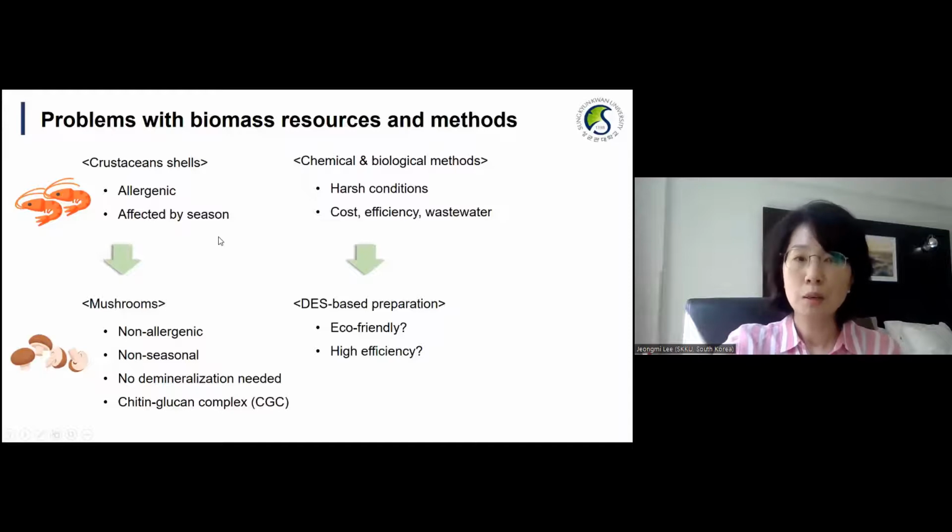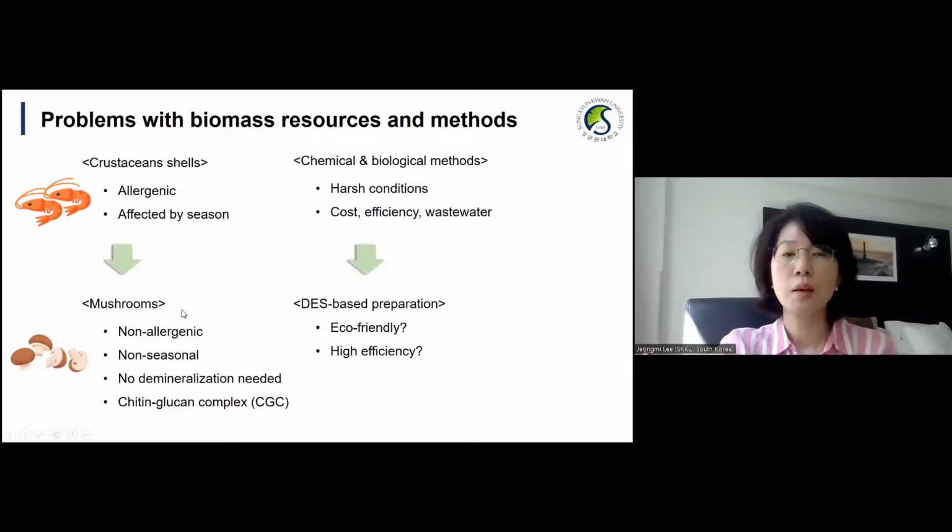In comparison with crustacean shells, mushrooms have quite some advantages because mushrooms do not have any potentially allergenic proteins at all. So we don't need to worry about the complete removal of allergenic proteins as people do with crustacean shells. And cultivation of mushrooms is not affected by any seasonal variation.